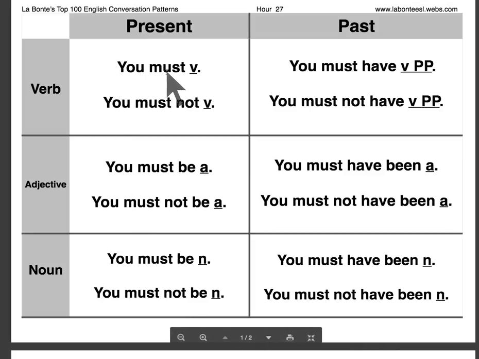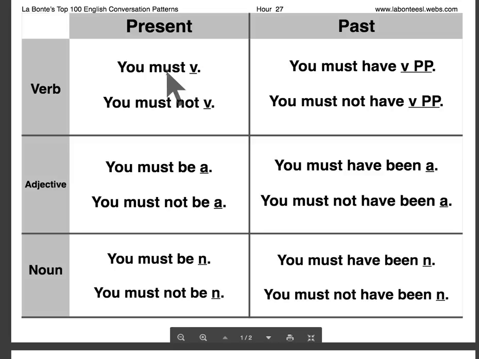You must. It's the same as I have to. And really, you're doing a great disservice to this pattern, or this group of patterns. Only 5% of the time when this pattern is used, do they use it to mean I have to. Only about 5%.